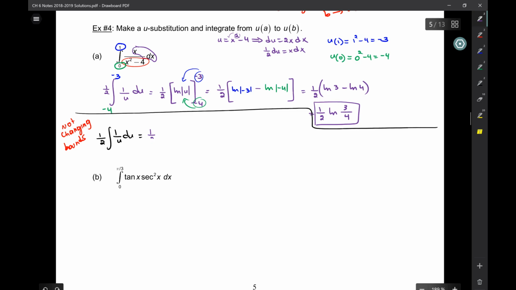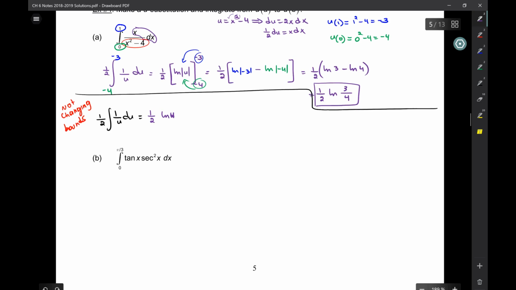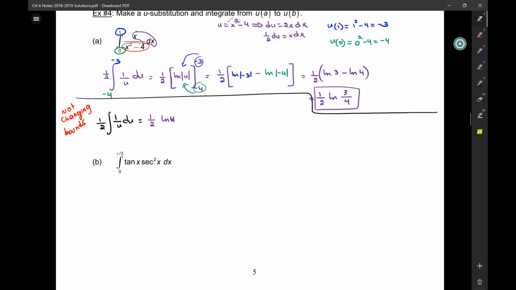This is equal to 1/2 ln of u. I'm sorry, hang on. Give me a second though. Let me do this. 1/2 ln of u. That's it. Okay?